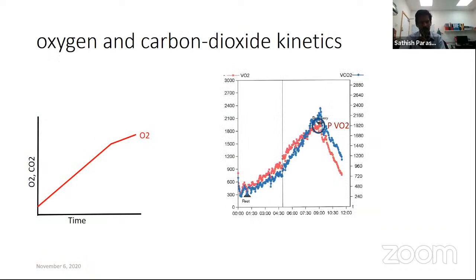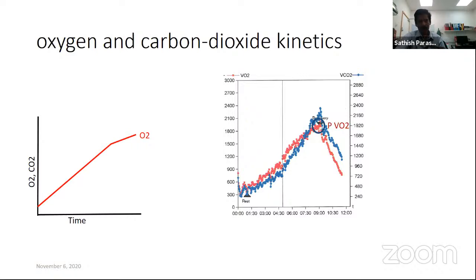A little bit on oxygen carbon dioxide kinetics. On the left-hand side graph, you have oxygen on the red line plotted against time. So when we start to exercise, once the warm-up period is over, then there is a steady increase in oxygen consumption as long as we increase the gradient or the resistance of the test.